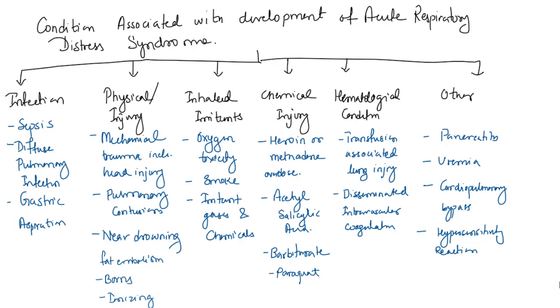Inhaled irritants: oxygen toxicity, smoke, irritant gases and chemicals. Chemical injury: heroin, methadone overdose, acetylsalicylic acid, barbiturate, paraquat. Hematological conditions: transfusion-associated lung injury, disseminated intravascular coagulation. Other: pancreatitis, uremia, cardiopulmonary bypass, hypersensitivity reaction.